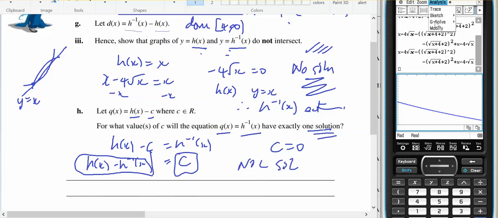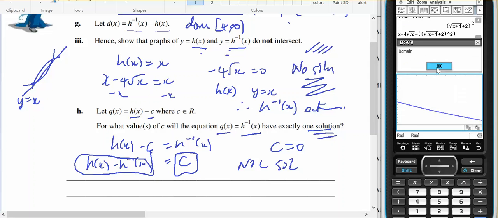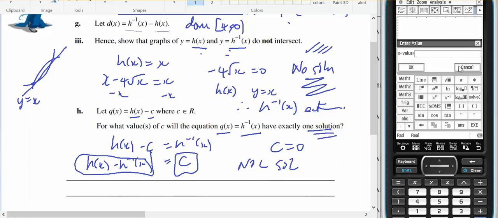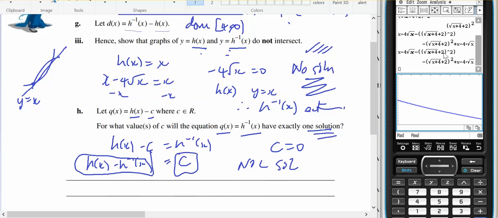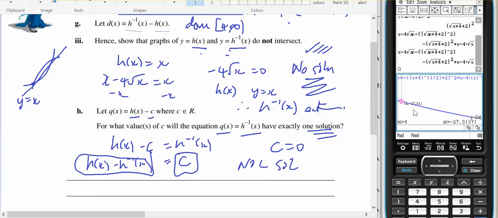So if I do Analysis, G-Solve, y-calc at X equals 4, that should be the point. Okay, so if I cancel that and just move it over a little bit so I make sure I've got 4. Analysis, G-Solve, y-calc when X equals 4. That's the value that C has to equal.